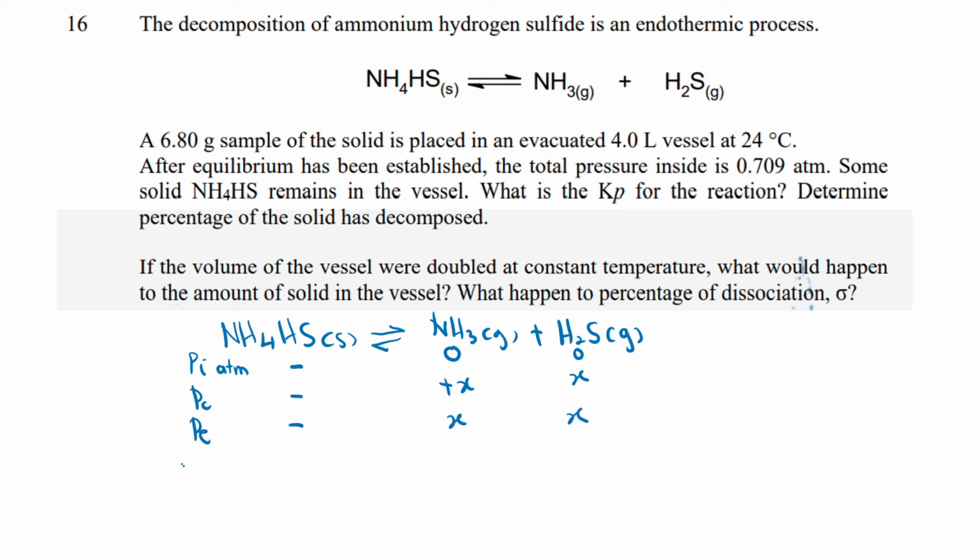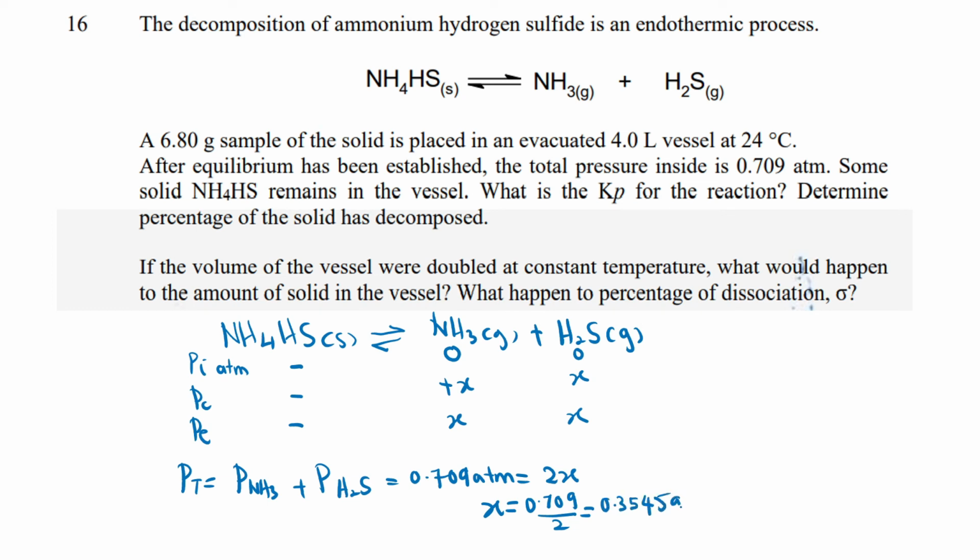So P total equal to, okay, partial pressure of NH3 plus partial pressure of H2S, which is equal to 0.709 atm, which is equal to x plus x ataupun 2x. The x is equal to 0.709 divided by 2. Okay, so kita dapat 0.3545 atm.